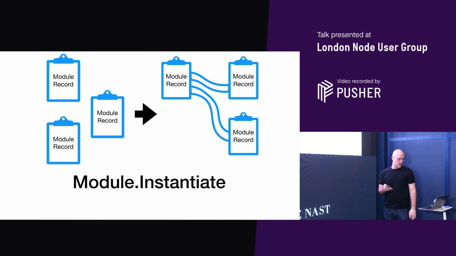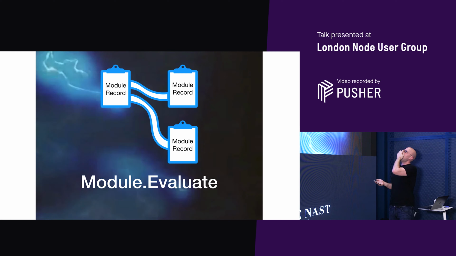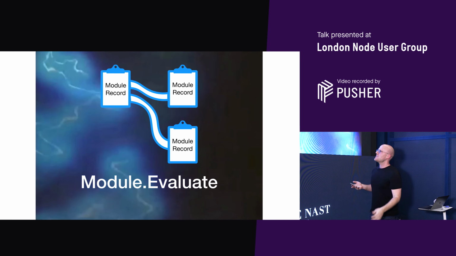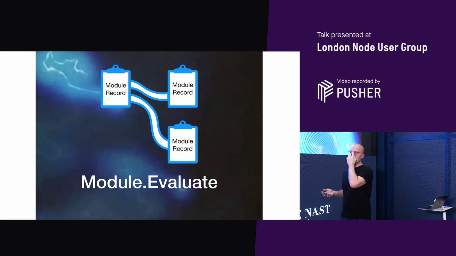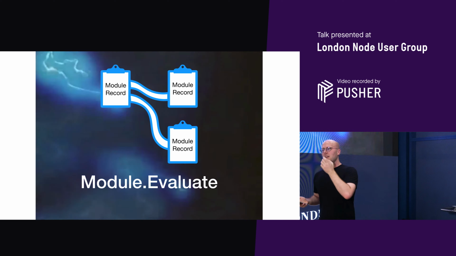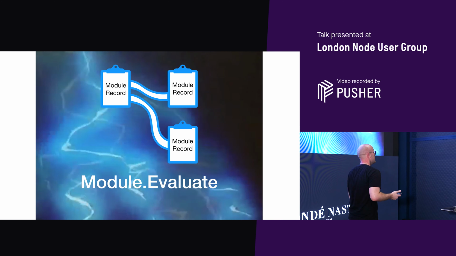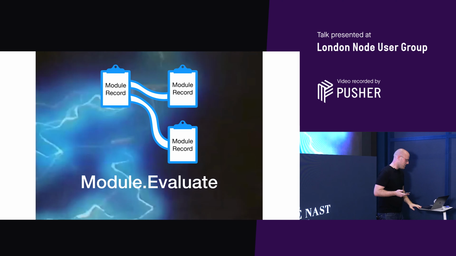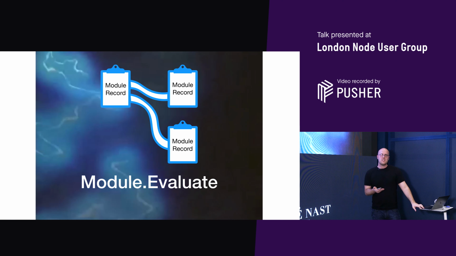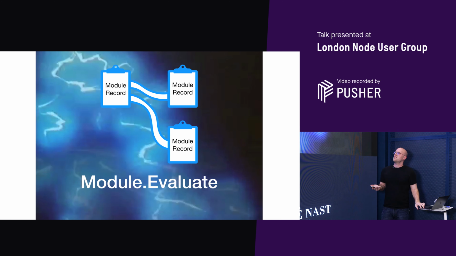And then module.evaluate. The big thing that's kind of risky with all this is that implementations can change. The spec, like I said, has lots of undefined behavior, and so a lot of it's up for interpretation. And the bad thing with that is that the evaluation order could change over time.